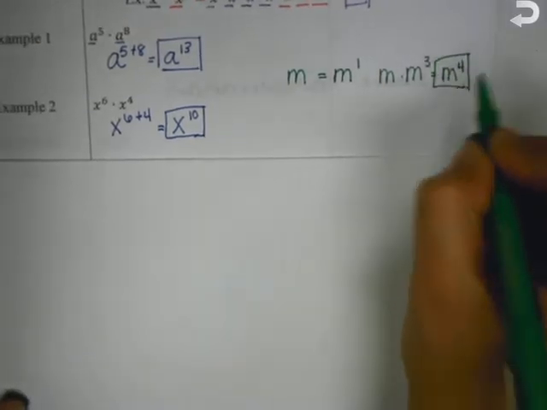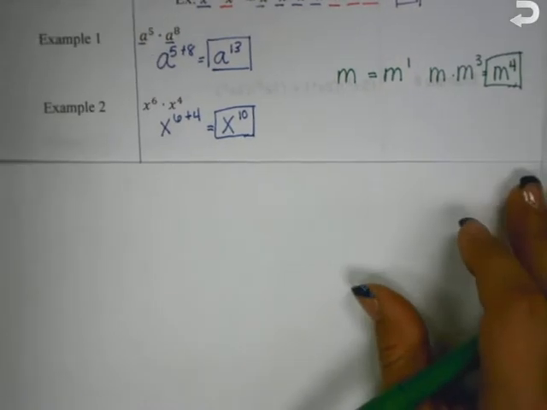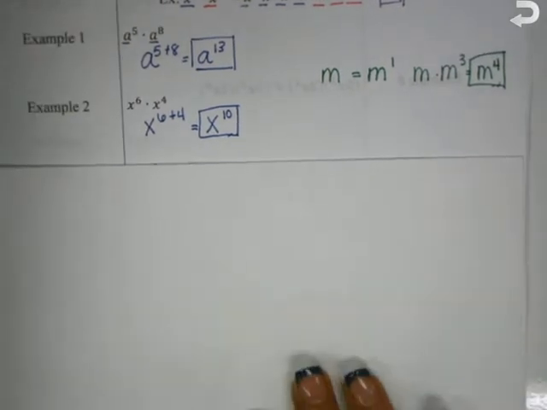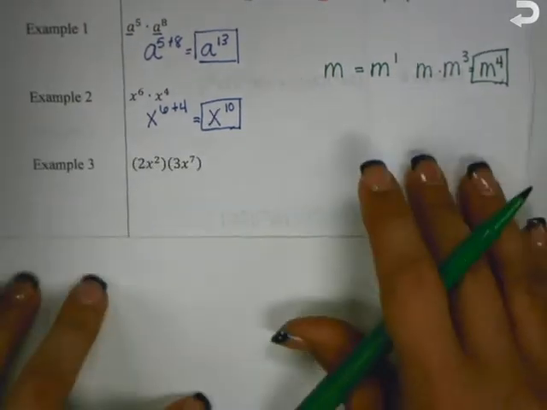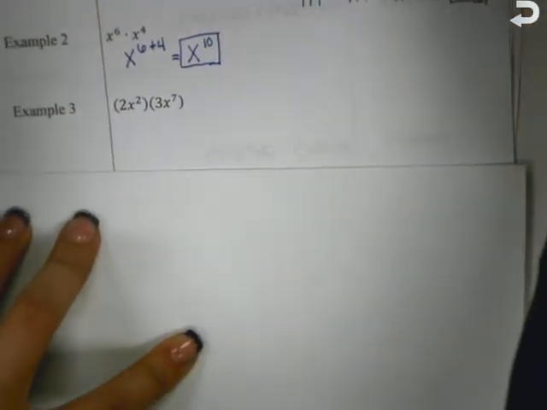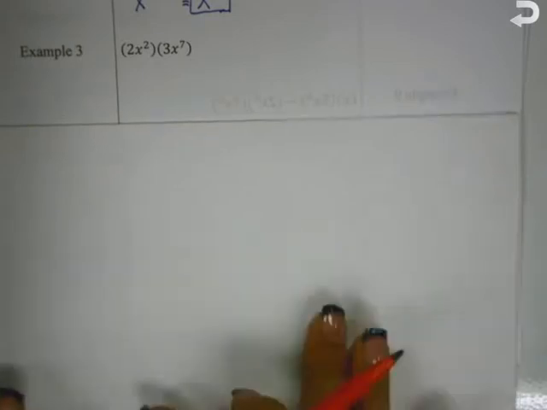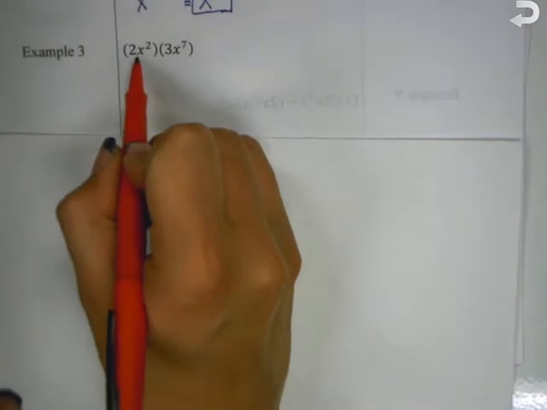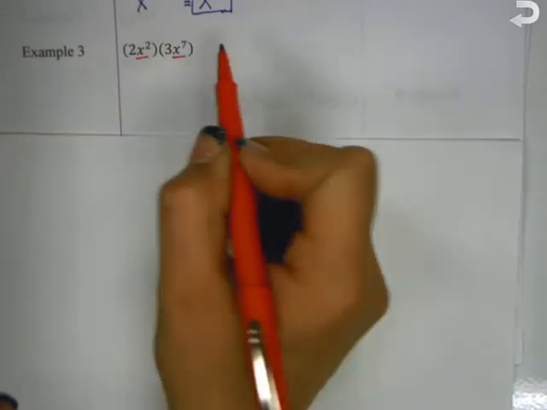Good question. So what happens when coefficients get involved? Example 3. Essentially what we're doing is still combining like terms here. So what in this problem are our like terms? We have x squared and x to the 7th, right? Technically those aren't like terms, but the bases are the same.